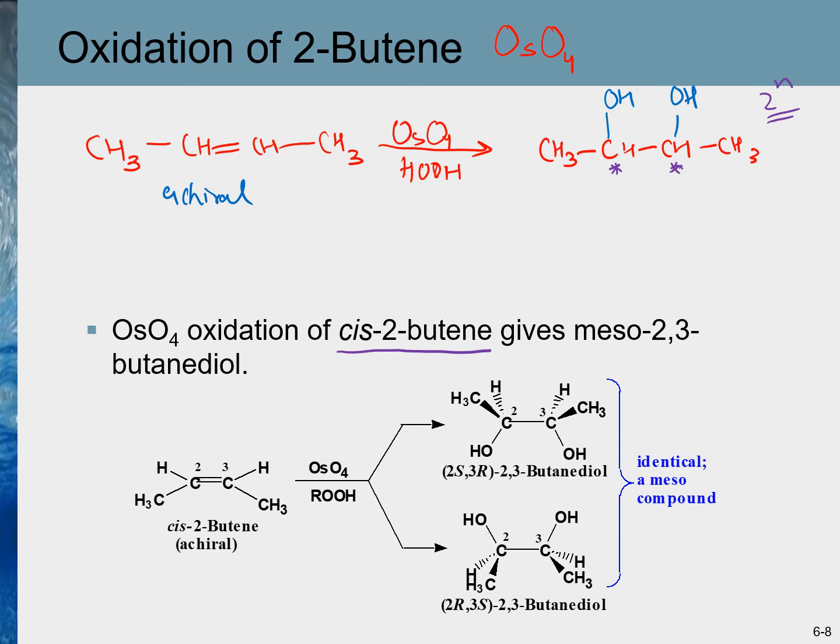We know that in the first step of this oxidation reaction, there is a formation of a cyclic osmate intermediate, and then the cyclic osmate intermediate breaks down by reaction with water to give a glycol. So if we start with this cis-2-butene, the cyclic osmate may form on the top side.